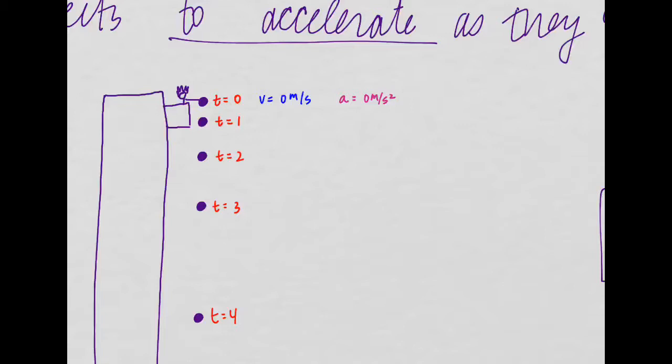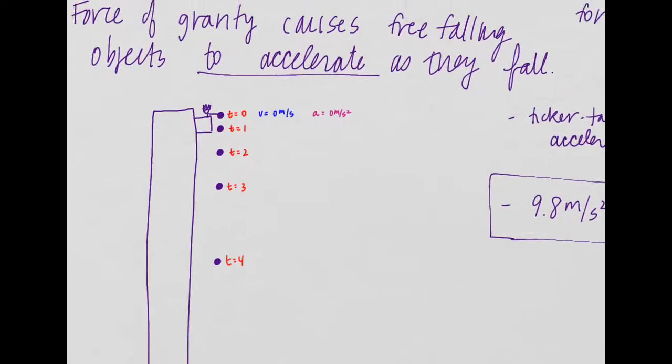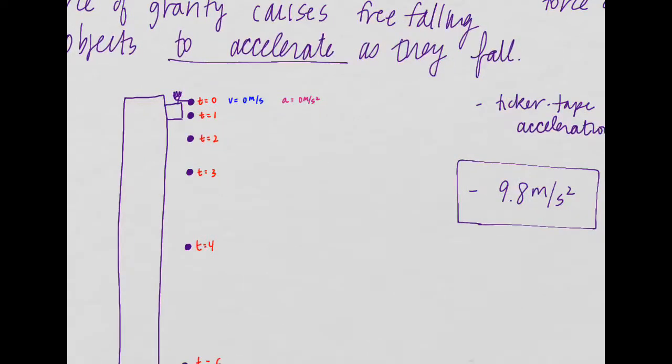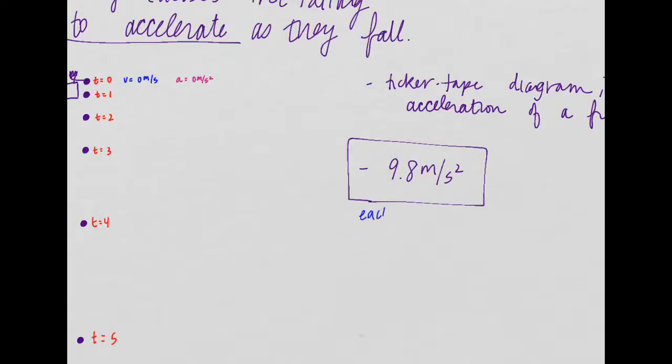Then we move on to 1 second. Because this is a free-falling object, that means that each second, the free-falling object's velocity, or speed, increases by 9.8 meters per second.